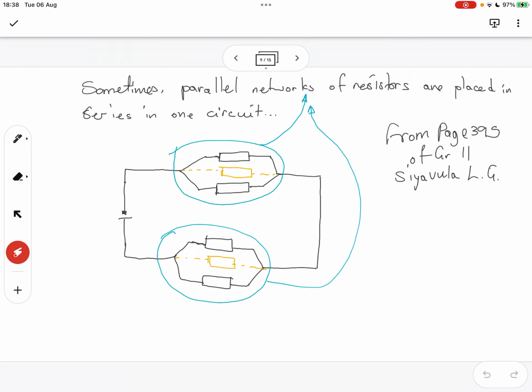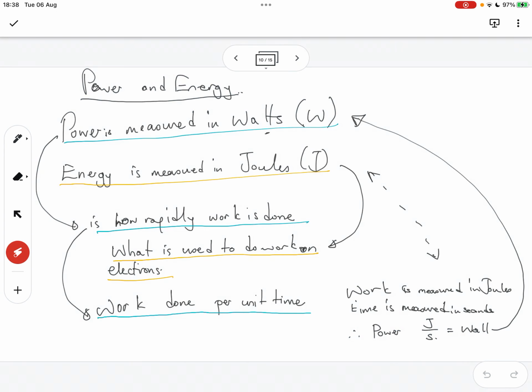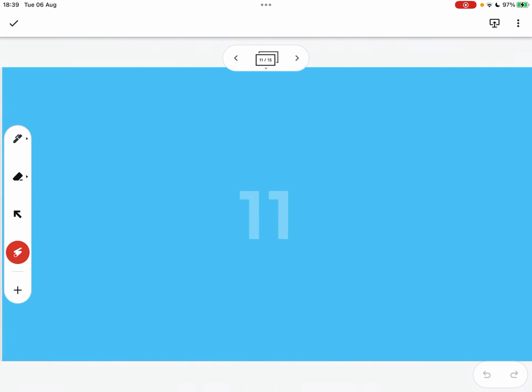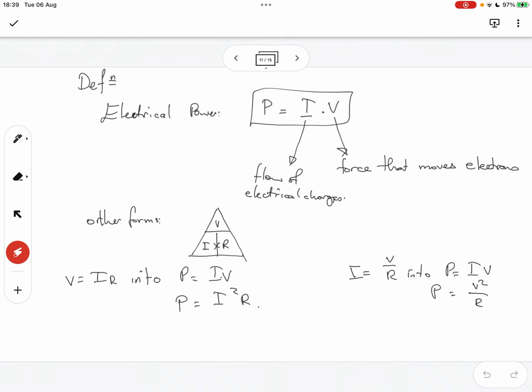And then there are parallel networks of resistors which you can substitute with one equivalent resistor, so you don't have the complication of multiple resistors in parallel. From there, we extended the discussion to power and energy. Power is measured in watts and energy in joules, and each of these is expressed differently.